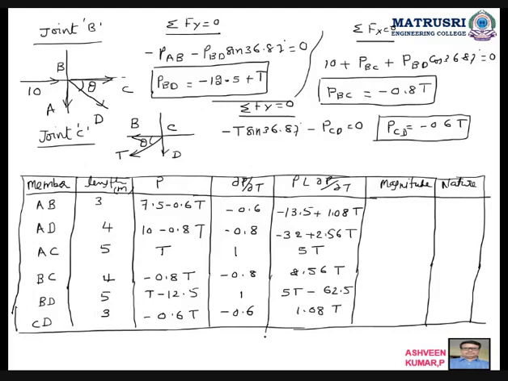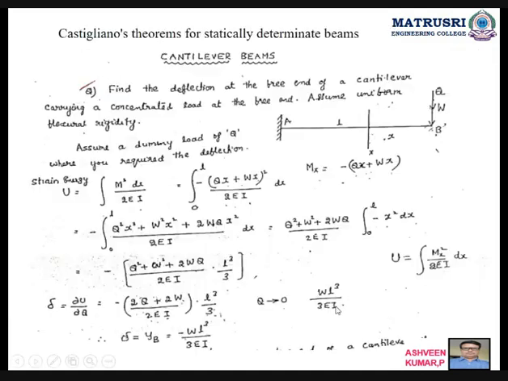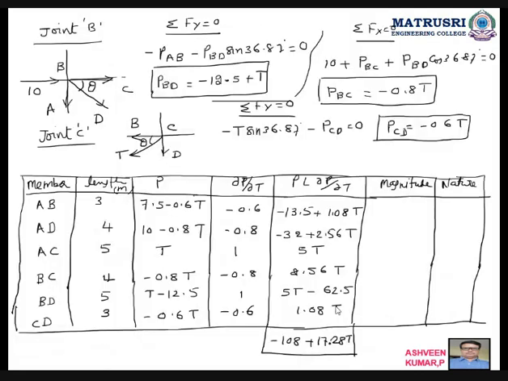Then you take the summation of all these things. What is the summation? Minus 108 plus 17.28 T. Then what is our formula? Sigma P dou P by dou T times L by AE is equal to 0.